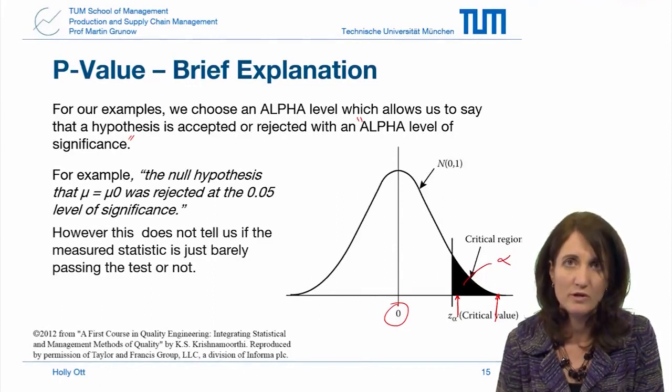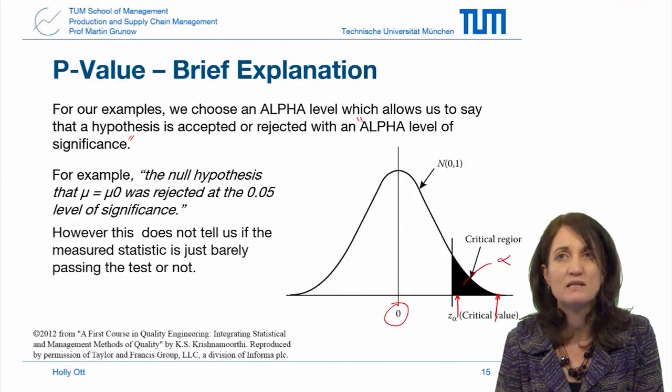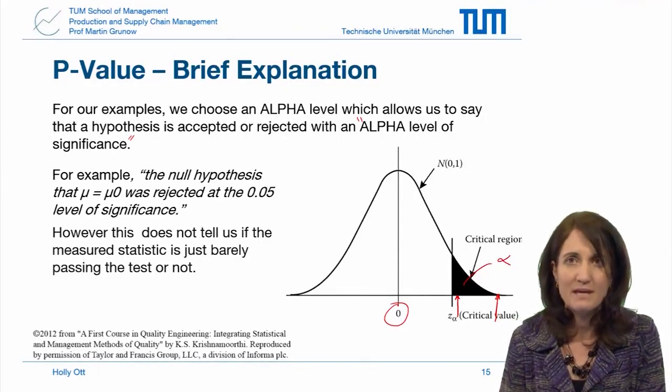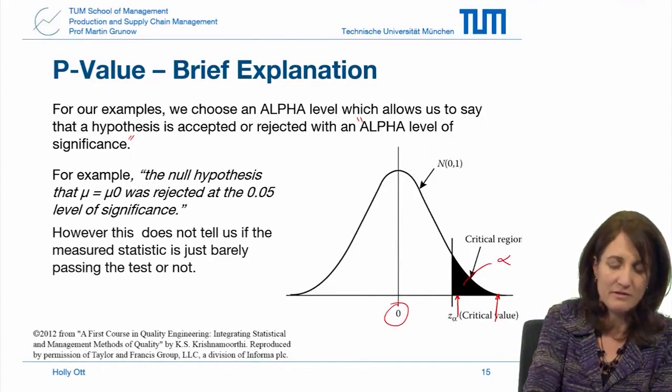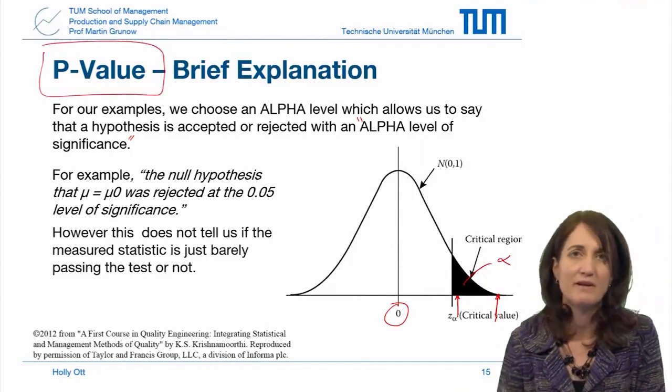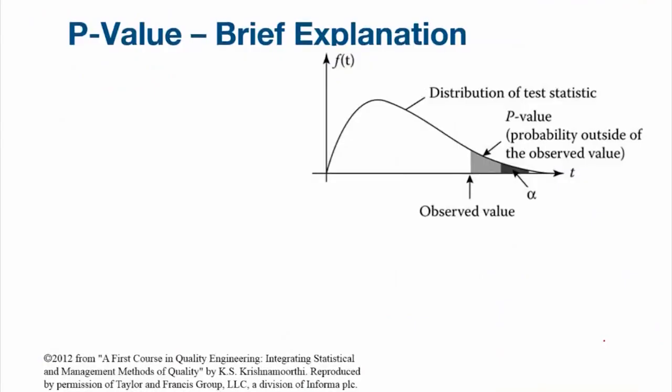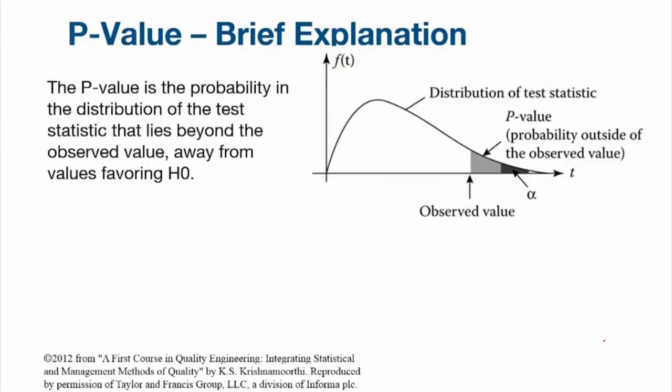So if a computer program is used for hypothesis testing, in addition to calculating the test statistic, the computer program will also give a p-value, the so-called p-value. So what is this p-value and how can we interpret it? The definition of the p-value is the probability in the distribution of the test statistic that lies beyond the observed value, away from values favoring the null hypothesis.